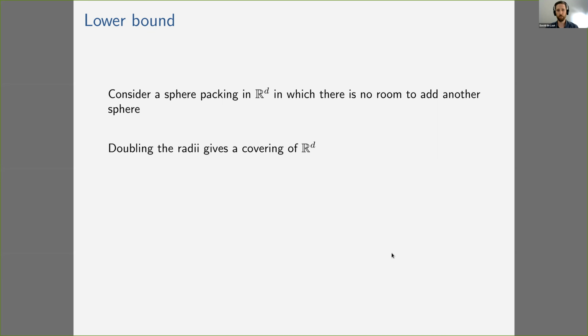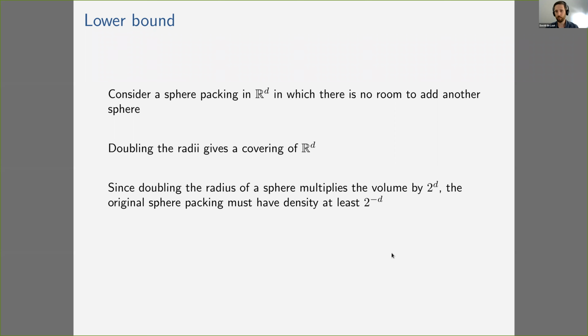Then if you double the radius of each sphere, you get a covering of Euclidean space. If you double the radius of a sphere, you multiply the volume by 2 to the d. So the original sphere packing must have density at least 2 to the minus d. This is in fact still the best known lower bound up to sub-exponential factors.